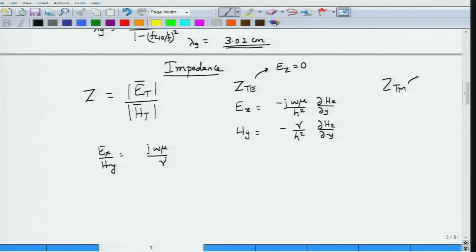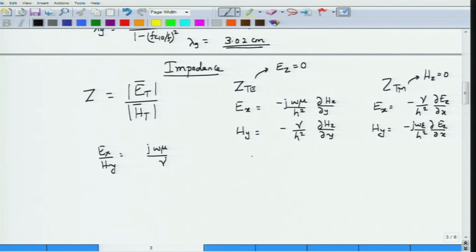Similarly, you can find out what would be ZTM. For the TM case, Hz must be set equal to 0, and you will have corresponding components for Ex, let us say given by minus gamma by h square del Ez by del x, and then you will have Hy, which would be minus j omega epsilon divided by h square del Ez by del x.